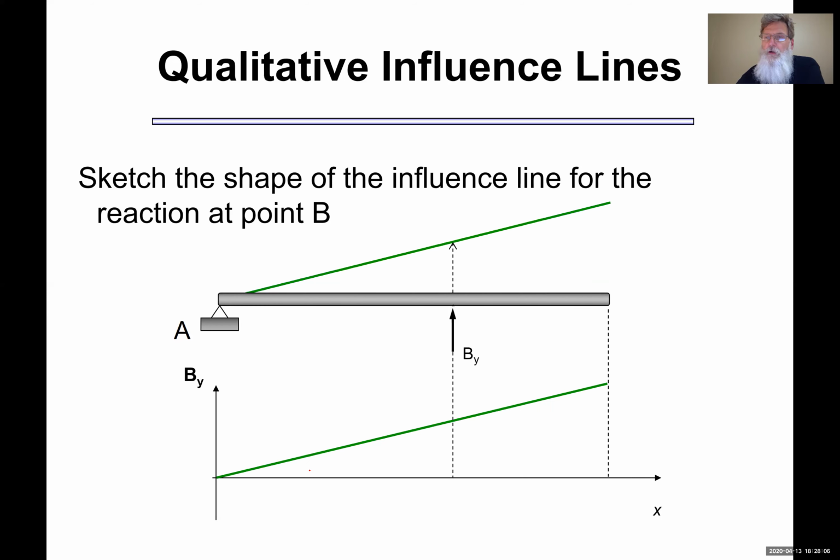And what value do I know? Well, I know when my unit load is right over B, By is 1. So that's the one value I'll know for sure. And again, if I know my dimensions of my beam, I can find the value of the influence line anywhere else along the structure, including the maximum value out here at the end.